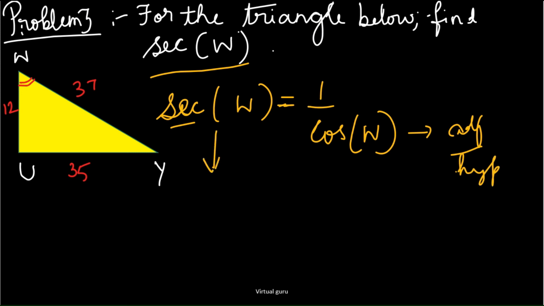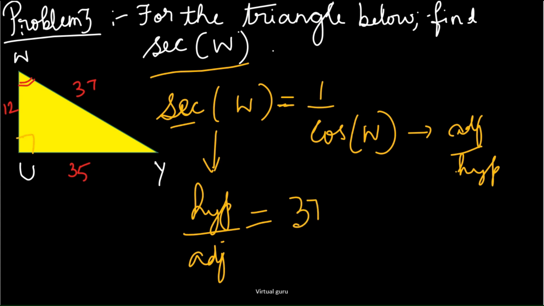So the secant will be hypotenuse by adjacent, the reciprocal of cosine. Hypotenuse in this case is 37 because this is the 90 degree as you can see, and adjacent of W is 12. So 37 by 12 is the answer.